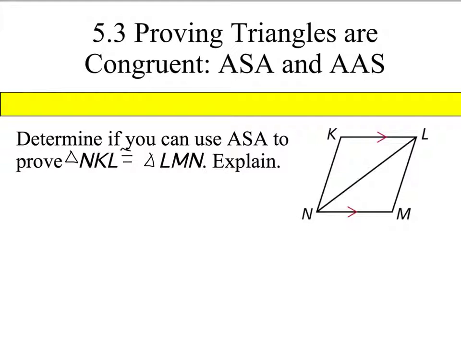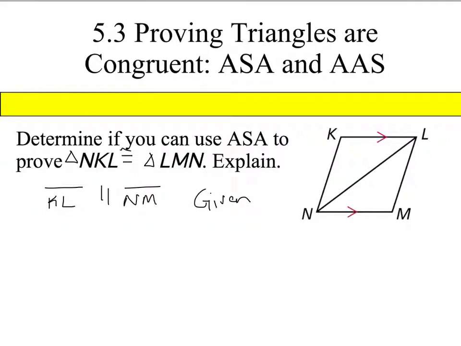All right, so now the given information that I know, and I'm going to write this down so you can see, side KL is parallel to side NM. How do I know that? Well, that's given. Okay, so I know that that is true.